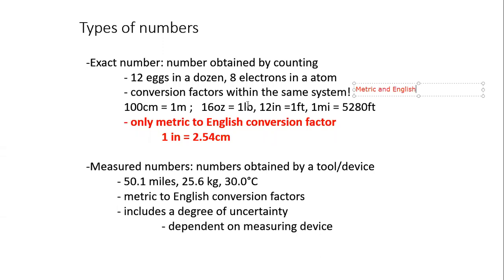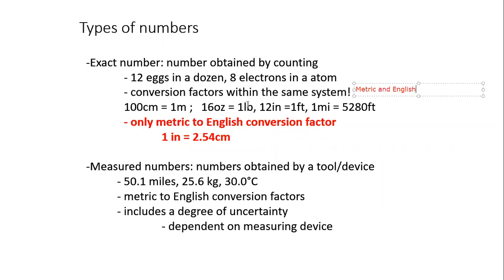And so again, exact means that we know exactly there are 16 ounces in 1 pound. There's no discrepancy in that value. Likewise, if we have 12 inches equals 1 foot, again, inch and foot are both in the same system, the English system of measurement, so it's an exact conversion.